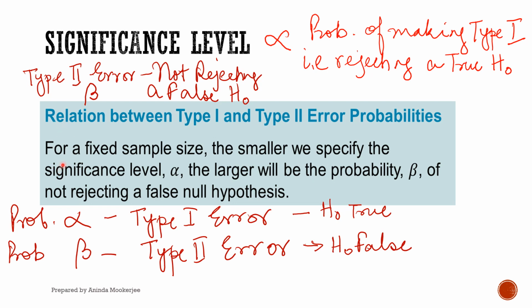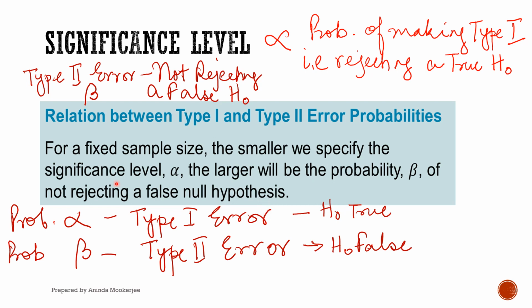It says the relation between type 1 and type 2 error probabilities for a fixed sample size: the smaller we specify the significance level alpha, that is the probability of a type 1 error, the larger will be the probability beta of not rejecting a false null hypothesis.